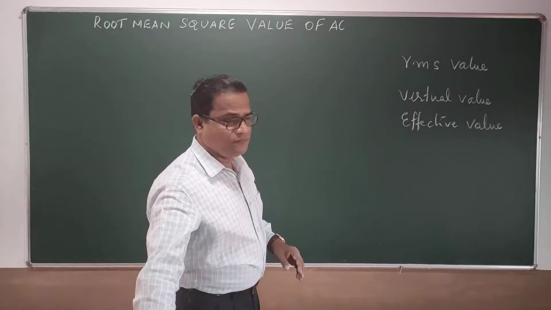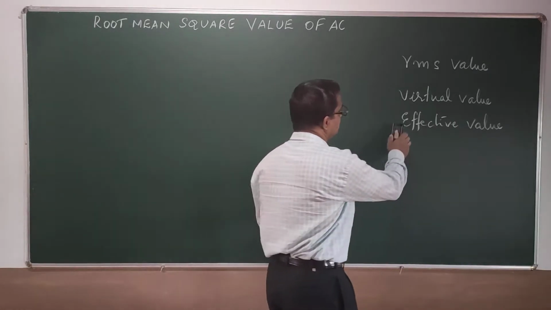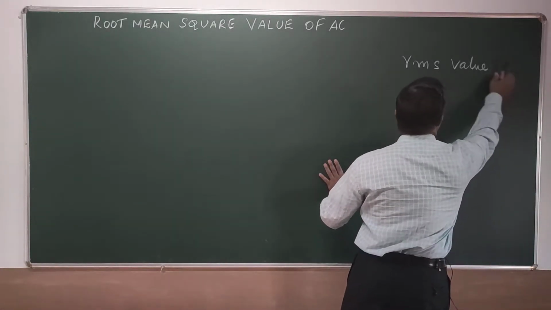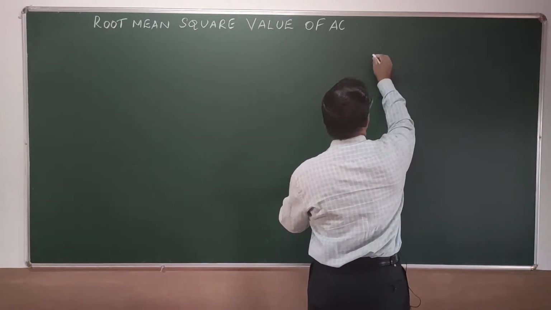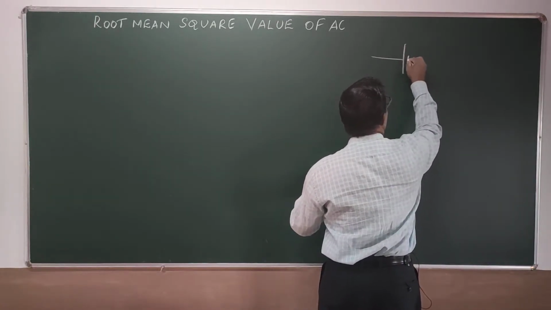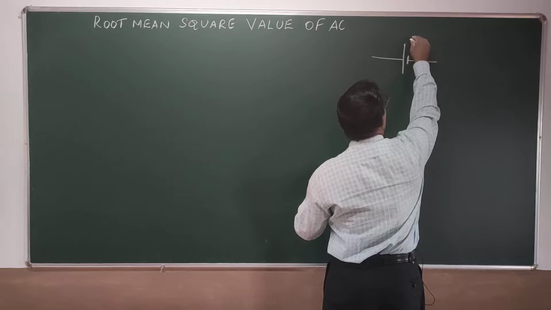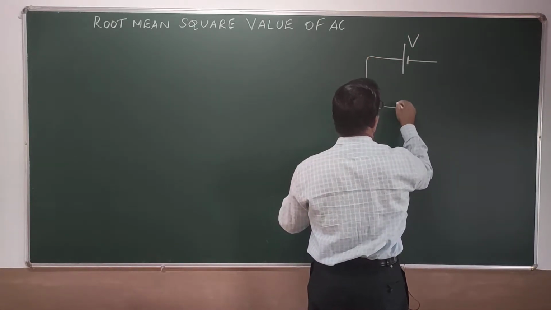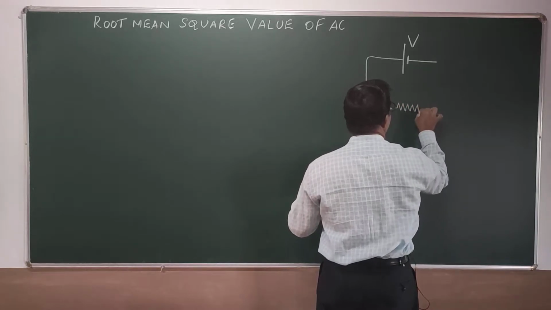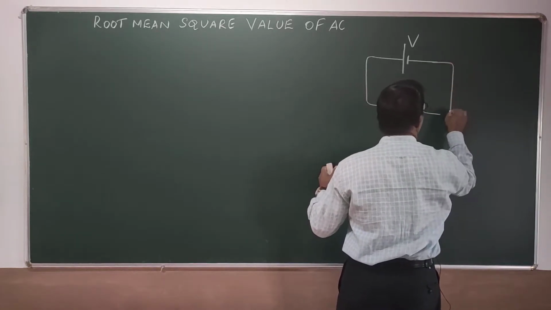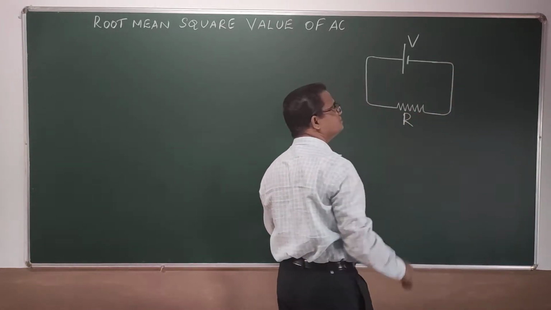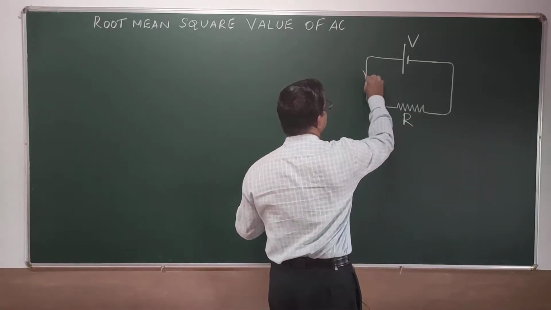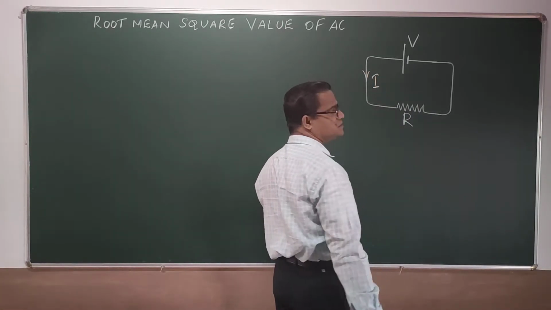Suppose I consider a DC circuit, for example, in which a voltage V is connected and there is a resistance R. Through this a current I flows.